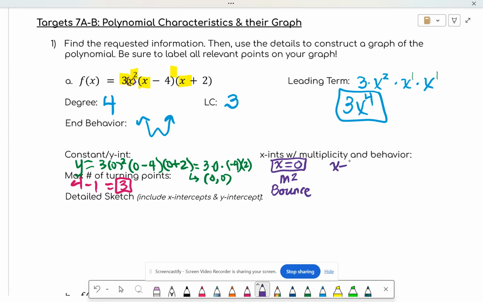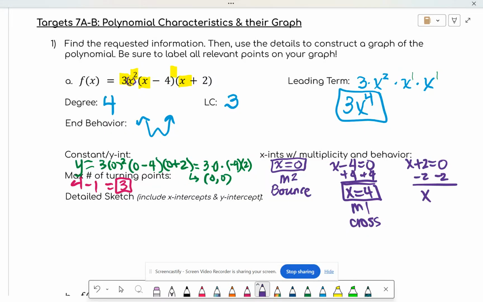Then x minus 4 equals 0. I add 4 to both sides to get the x-intercept, and it has a multiplicity of 1, so it will cross on the graph. And then x plus 2 equals 0. If I subtract 2 from both sides, I get x equals negative 2 for my x-intercept. Again, multiplicity of 1, which means it will cross.